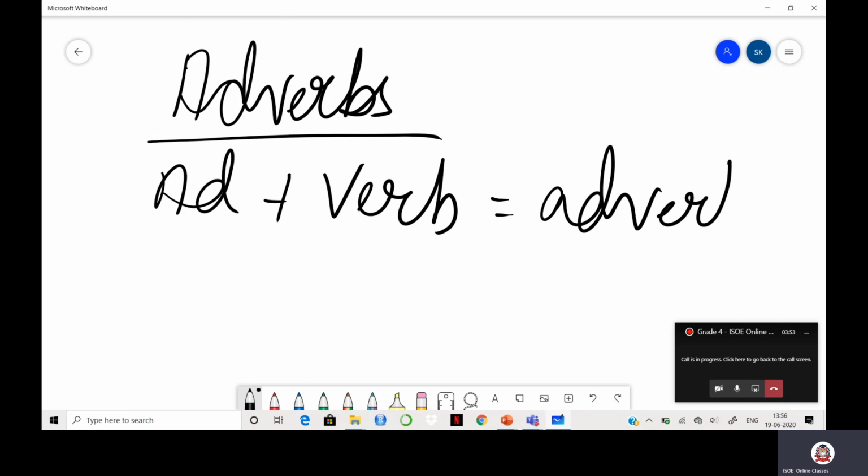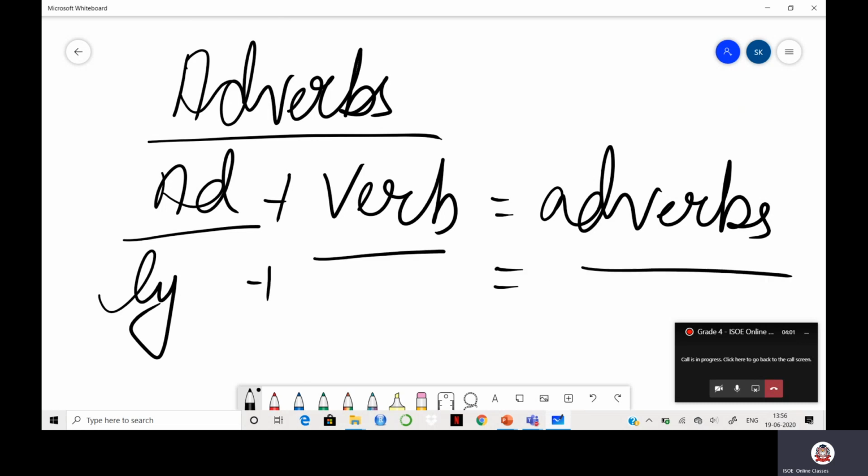Please remember it like this, okay? And what to add, ma'am? I will tell you. You have to add ly to a verb to give you an adverb.